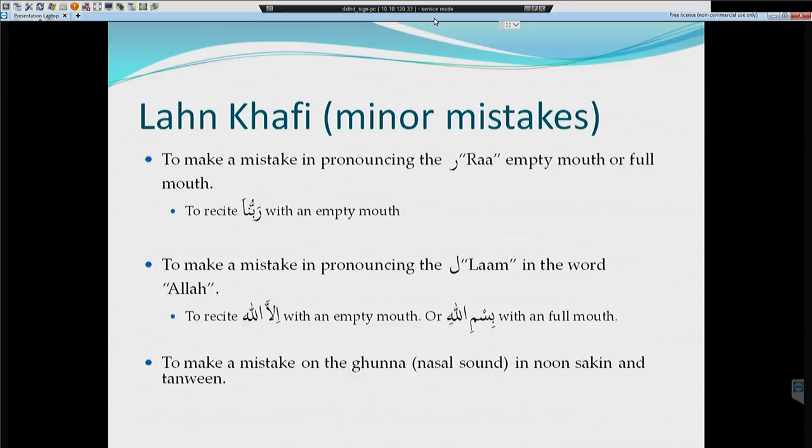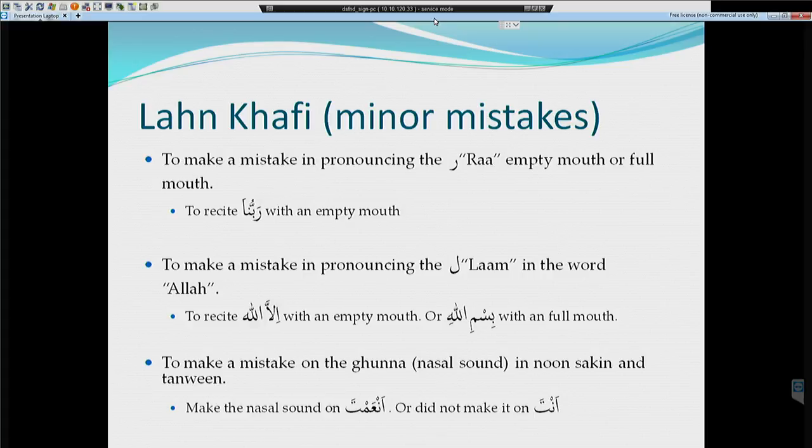To make a mistake on the ghunna in nun sakin and tanween. For example, in Surah Al-Fatiha, right? Ihdina as-sirat al-mustaqim, sirat al-ladina an'amta. Instead of saying an'amta clearly, someone were to say it with a nasal sound. They thought that over here you're supposed to do an ikhfa. Ikhfa, we're going to get to shortly. So someone thought that they're supposed to do ikhfa on this word.